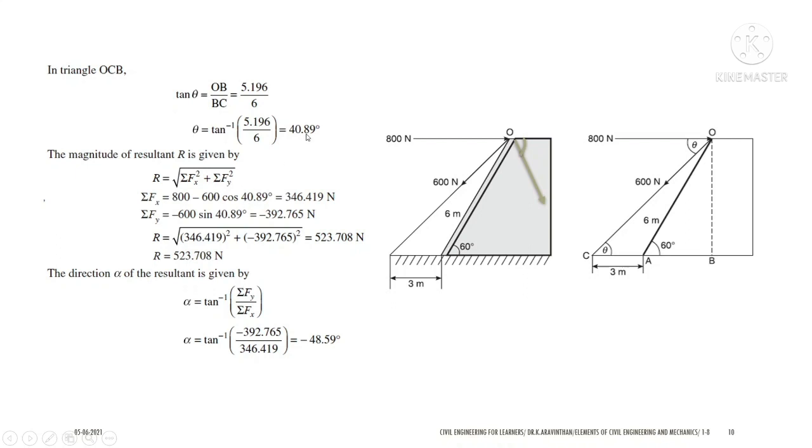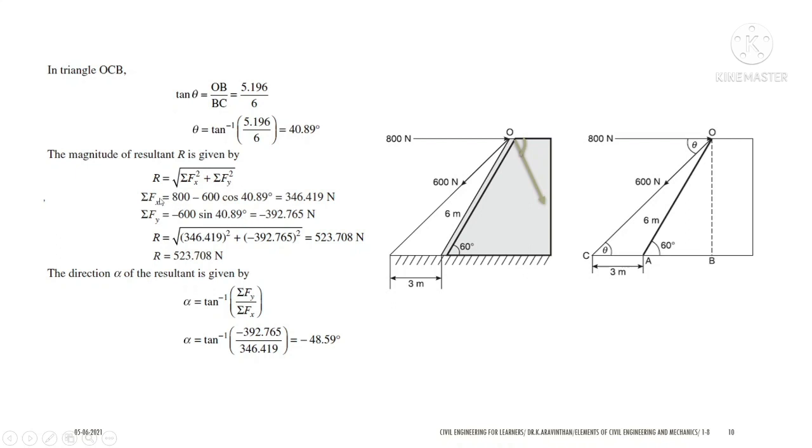So cos theta is 40.89, and if you substitute that, you will be getting 346.409. And after that, vertically you are having only one force, that is 600 into sin theta, which will be downward. So minus 600 into sin 40.89 degree.